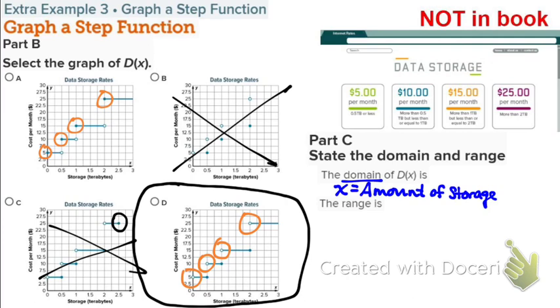Could somebody purchase 5 terabytes? Yeah. 4? Yeah. 2.5? 37. Yeah. Well, yeah. They could, right? That's a lot of storage, but they could. Maybe it's a large corporation and they have a lot of data to store.